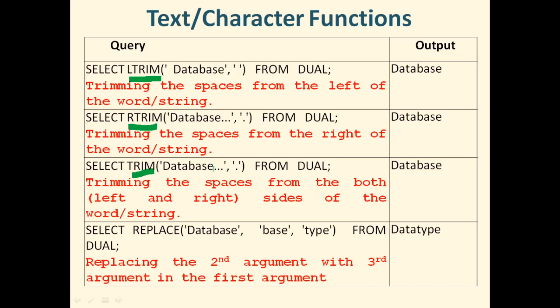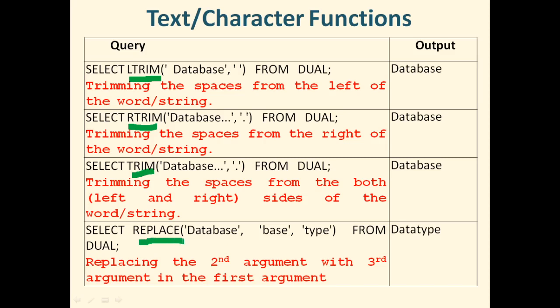So if it is a single word and it contains spaces, they will be trimmed. But if it is a word like Kendriya Vidyalaya with spaces in between, the spaces in between are not at all trimmed. Remember once again, the spaces in between the words are not trimmed. Only the left or right or both left and right are trimmed using the LTrim, RTrim and trim functions respectively.